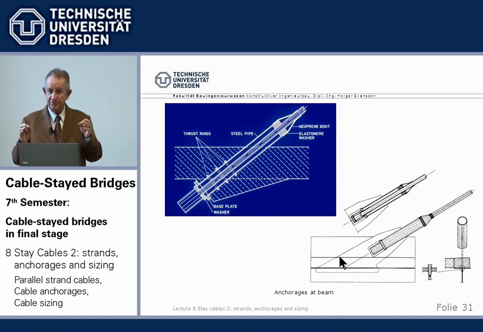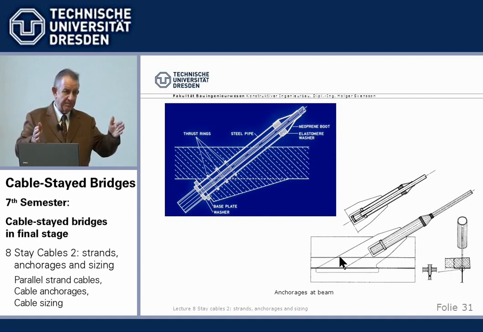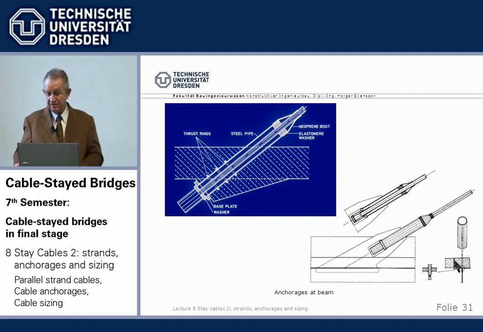That is the most direct force introduction from the stay cable into the web where it belongs. Normally it's done beside the web, and then we have some eccentricity moment and transfer can be done. But this is the most interesting.